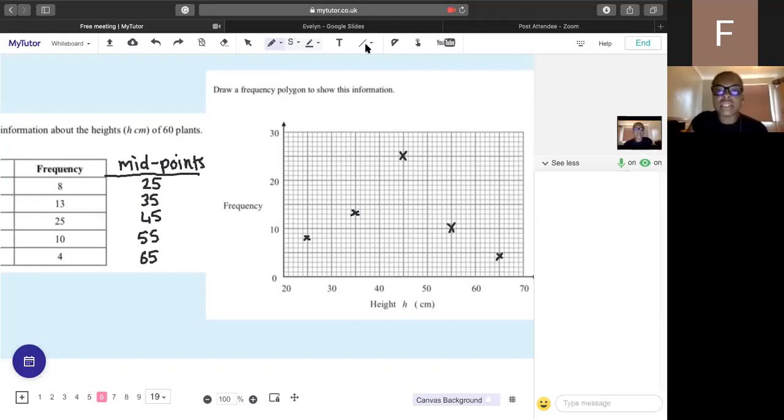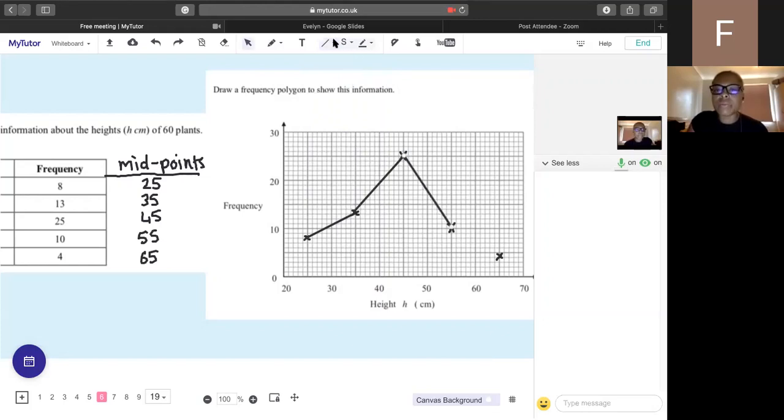Then the last thing to do would just be to draw straight lines which link two points next to each other. So bear in mind, a frequency polygon is not the same as a straight line graph. You're not going to have one straight line that goes through the points.